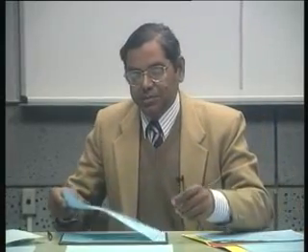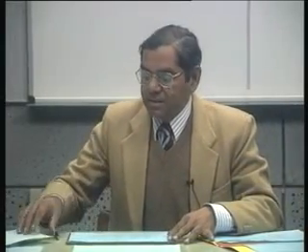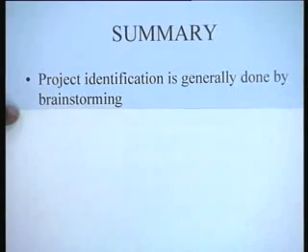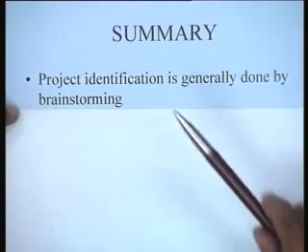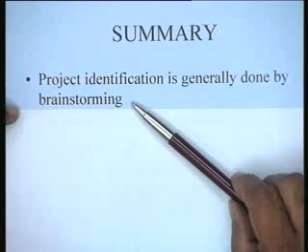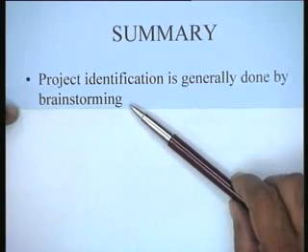Now if we try to summarize our discussion today in this lecture, we can see, for instance, that the first thing that we probably identified was that project identification is generally done by brainstorming exercise, where people utilize their valuable knowledge base and experience to come up with innovative ideas, right?